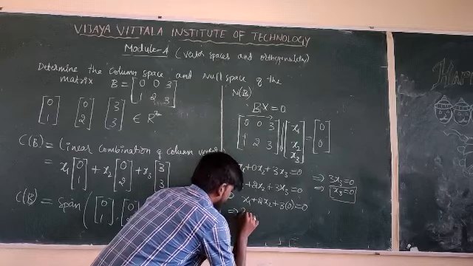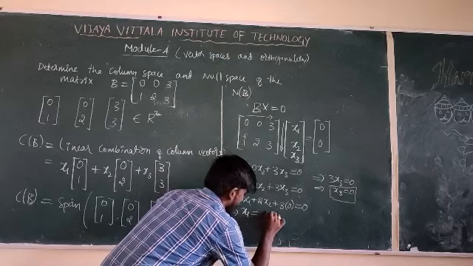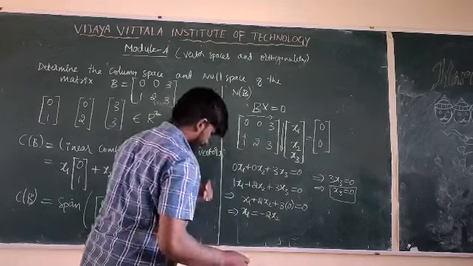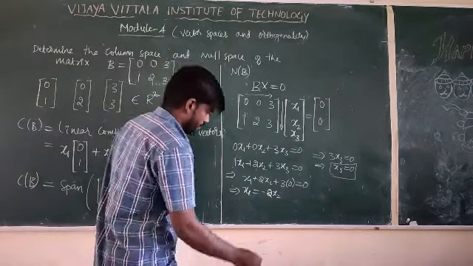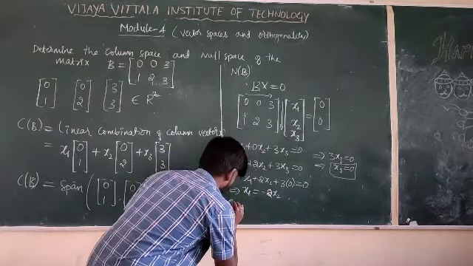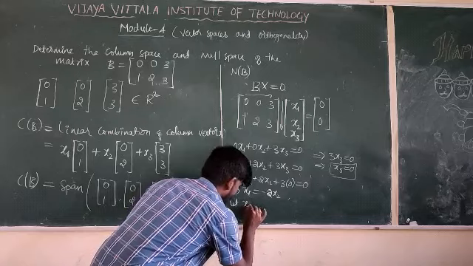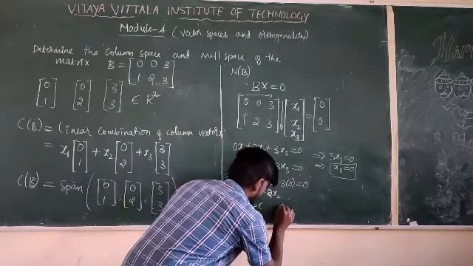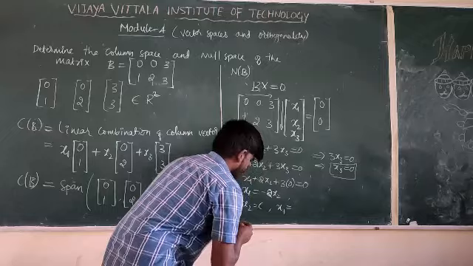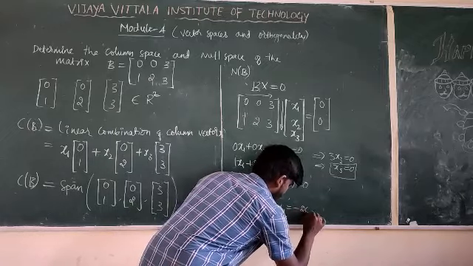Therefore, x1 equals minus 2x2. Here we take x2 as C. Let x2 be C. Then we get x1 equals minus 2 into C.